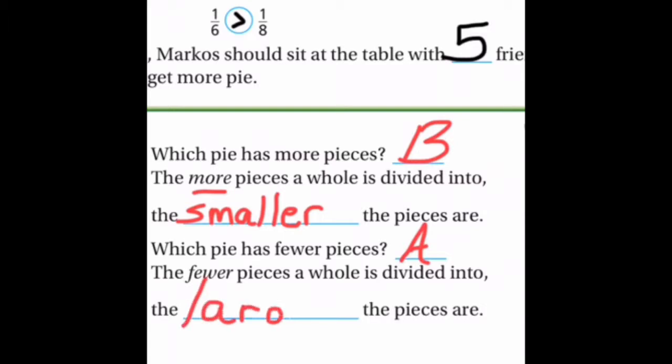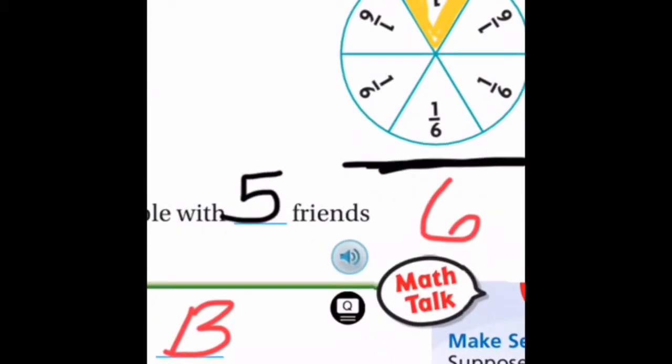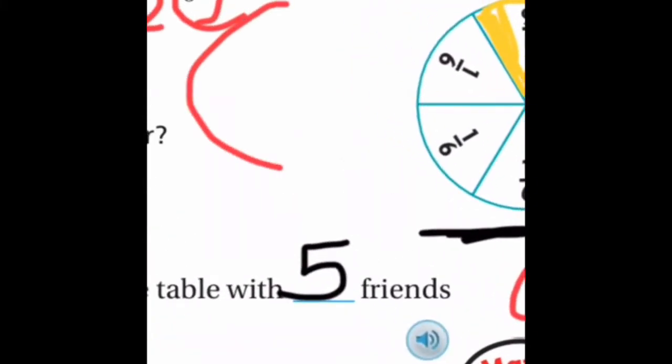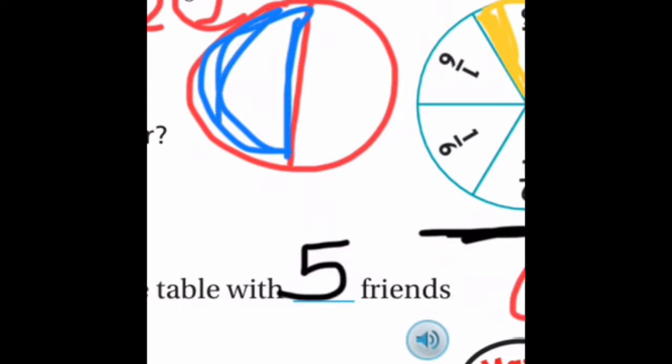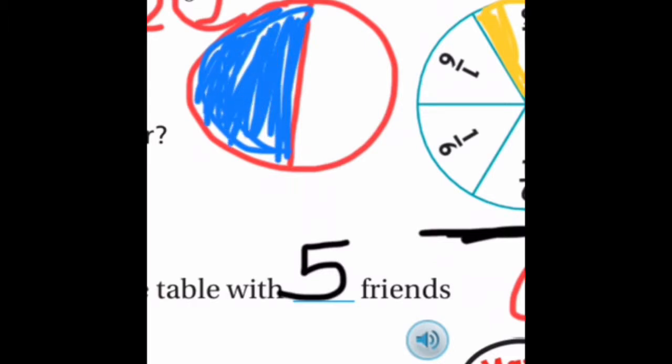I'm going to draw one more example to really emphasize that point. Let's say we had another pie divided into 2 pieces. Then 1 slice would be half this pizza right here, and that is much larger than the other pies, right?